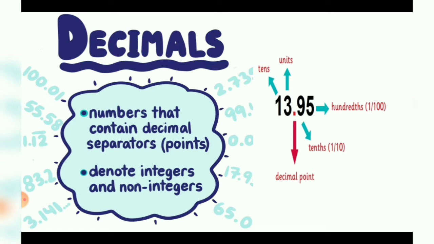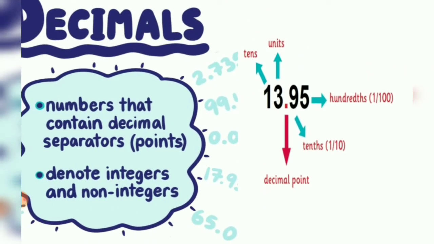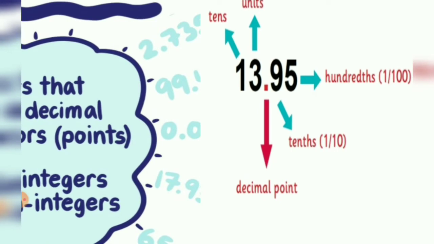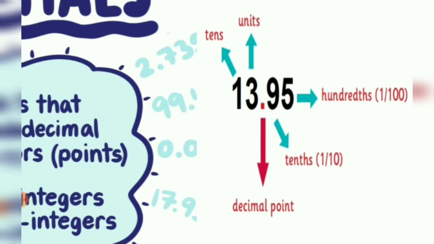If you see this picture here, it says 13.95. To the left of the decimal point, there are the units and the tens. But after the decimal point, what is it? The first number after the decimal point is called tenths, that is 1 by 10.